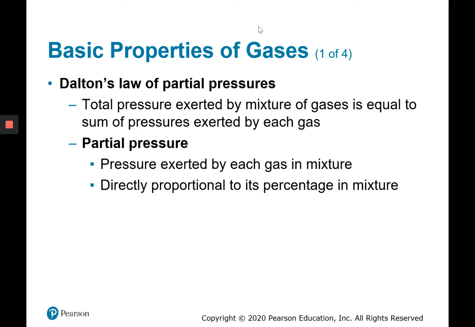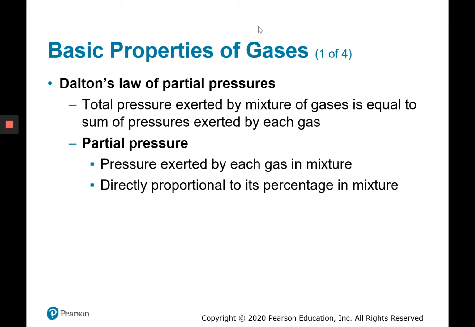To look at both of those, specifically starting with the properties of gases, we have to introduce a couple of laws. The first is Dalton's law of partial pressures, which says the total pressure exerted by a mixture of gases is equal to the sum of its partial pressures. So the gas we breathe is made up of nitrogen, carbon dioxide, and oxygen, and each one in different amounts.